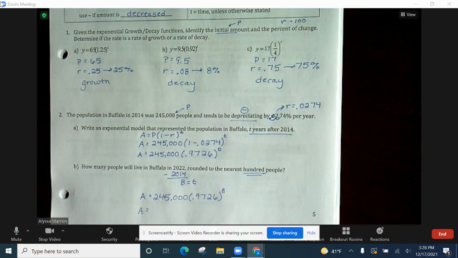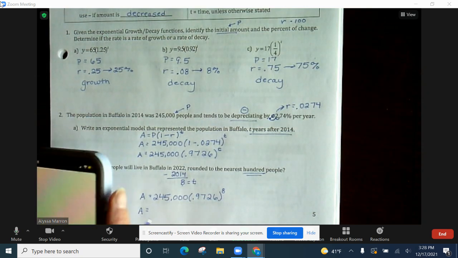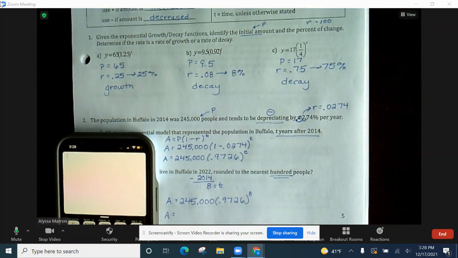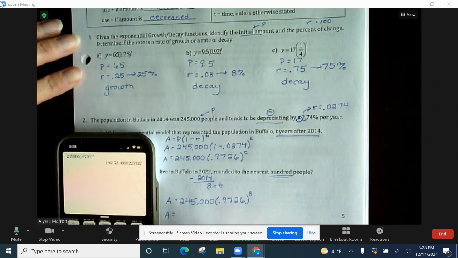When I enter that into my calculator, I'm going to enter it in just as I see it: 245,000, do your parentheses, 0.9726, end parentheses, raised to the 8th power. Before you hit enter, just double check that you've entered everything correctly. It's so easy to mistype a number. And we have our resulting value.